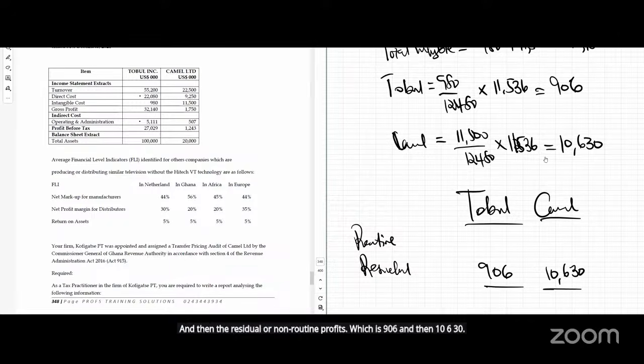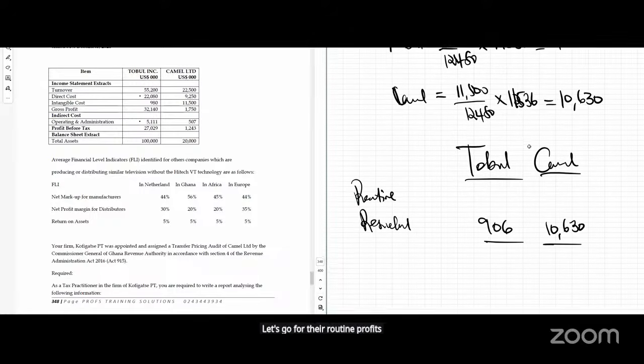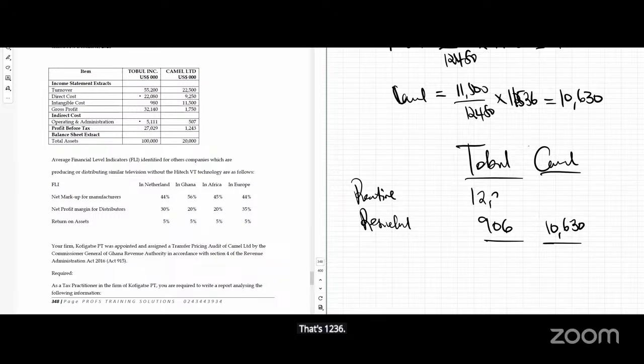So let's go for their routine profit. That's 12,236. And then the other one is 4,500. So if you add this, it becomes their arm's length profit.